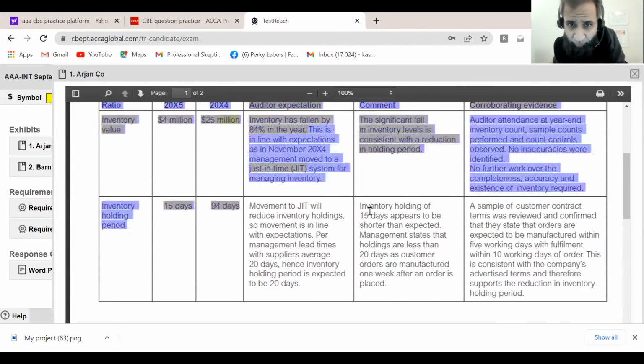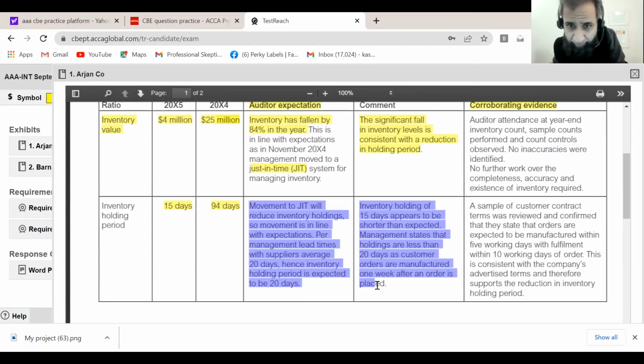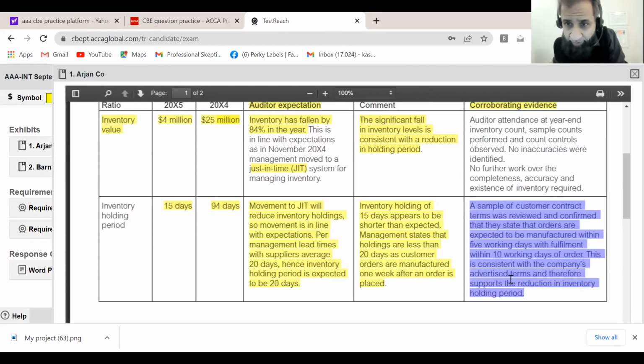This is the conclusion of the auditor, right? But you're comparing the conclusion of the auditor with the evidence. Where is the evidence? Here. So you are comparing the pink color with the yellow color to find whether the evidence is consistent or inconsistent.